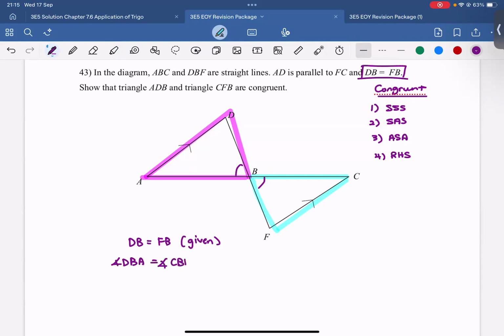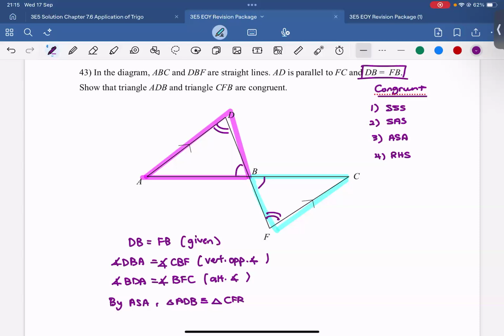Reason: vertically opposite angles. One more: this angle and this angle. Reason: alternate angles. By ASA, triangle ADB is congruent to triangle CFB.